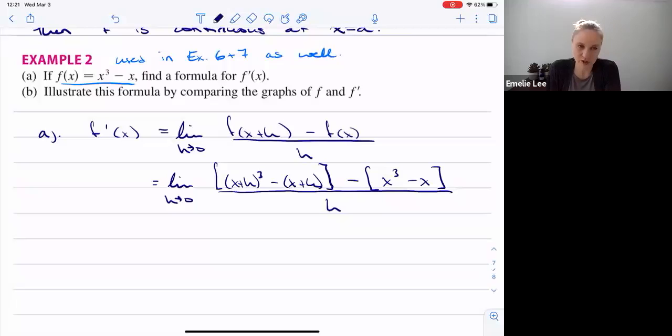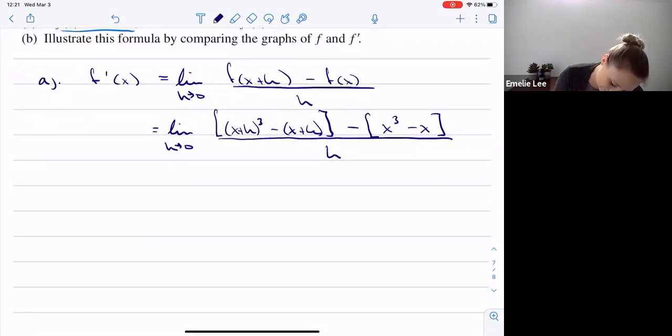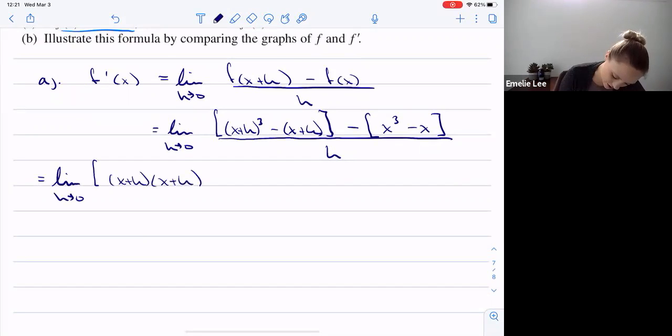So let's just do it. The x plus h to the power of 3, I am going to write it out, and because I suspect that it's going to get pretty large, I'm just going to bump my equal sign over a little bit. The limit as h goes to 0 of x plus h times x plus h times x plus h minus x minus h minus x to the 3 plus x, over h.